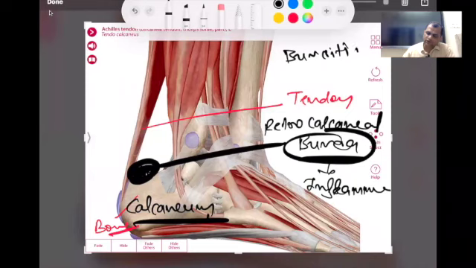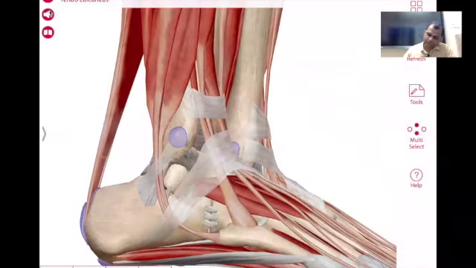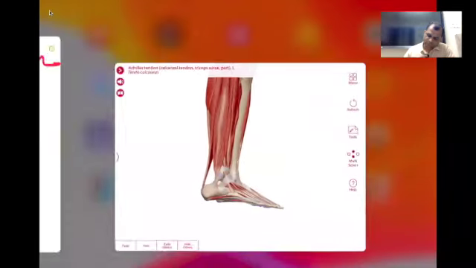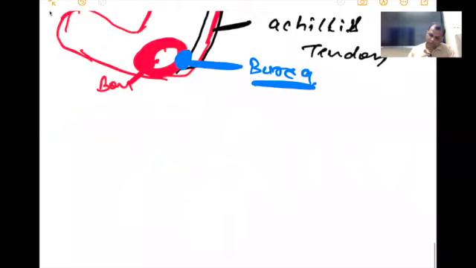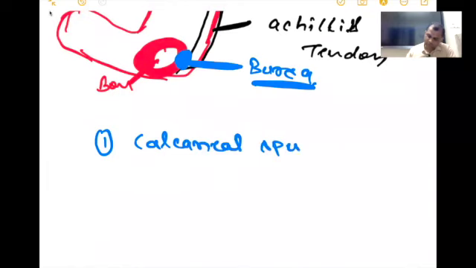So in this way, there are three causes of heel pain. Number one, the calcaneal bone having a problem, calcaneal spur, or plantar fasciitis.